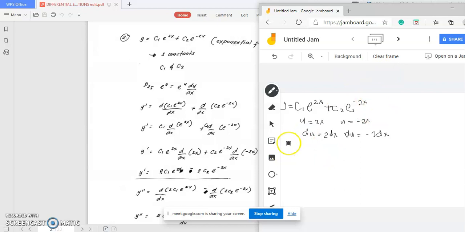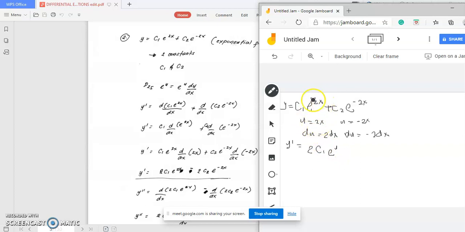So from here, y prime is equal to 2, because you have 2 for the du, times your constant c sub 1, then your e to the u.